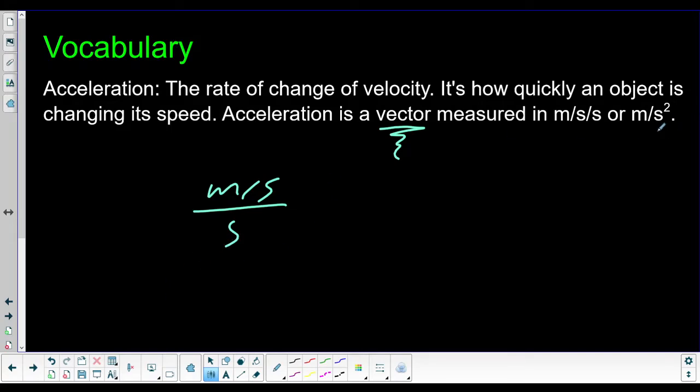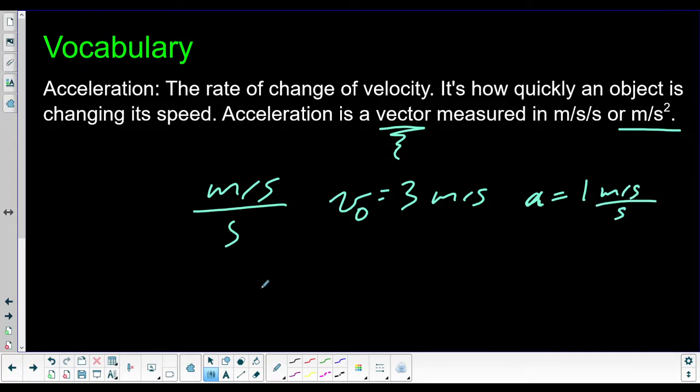Let's break this down and then we'll do math simplifications. Okay. It's the rate of change of velocity. So let's say my velocity starts off at 3 meters per second. And then I'm going to accelerate at 1 meter per second per second.